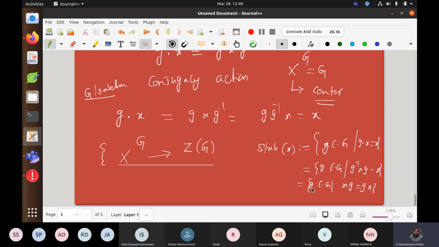That means all those g in G which commute with x. So that is exactly the centralizer of x. Okay, the centralizer of G and the centralizer of an x.